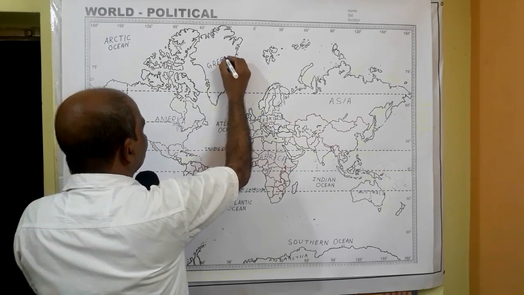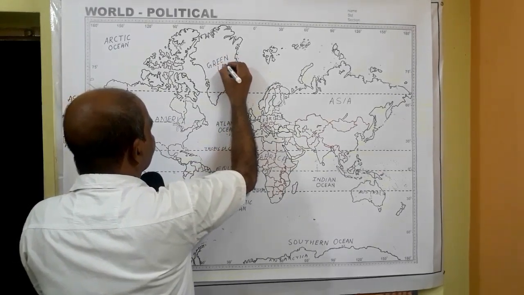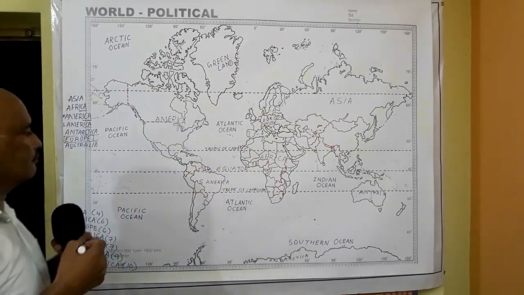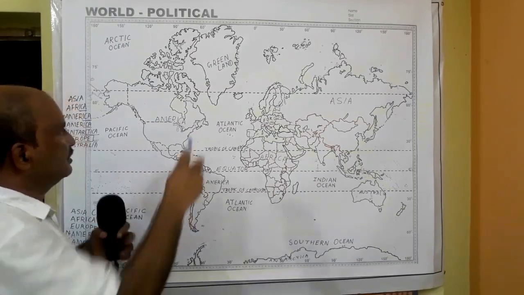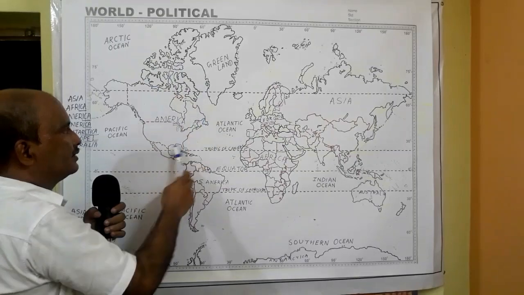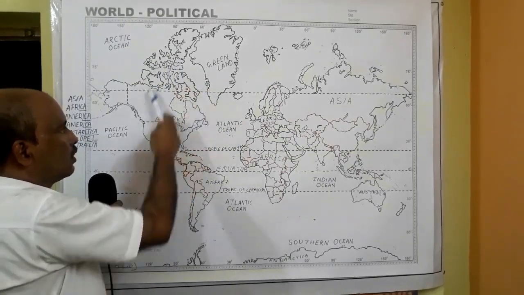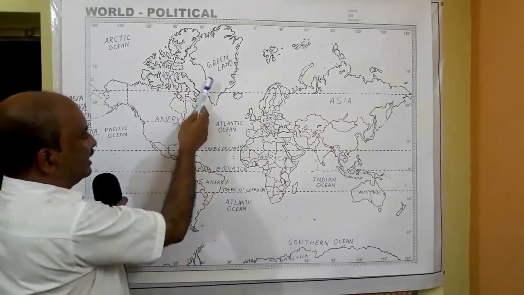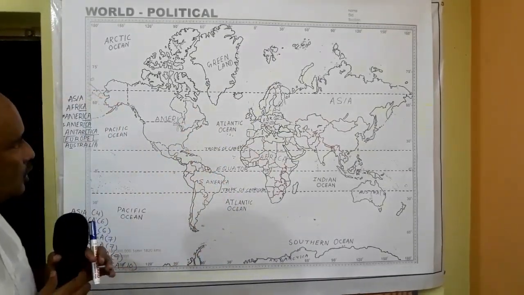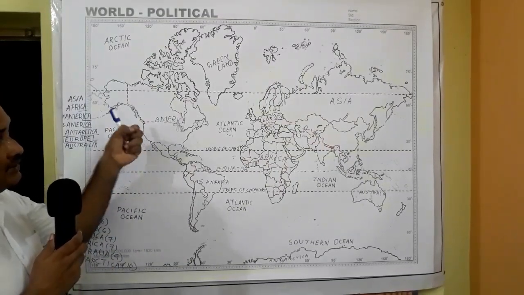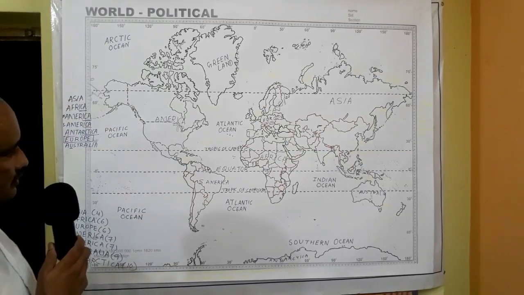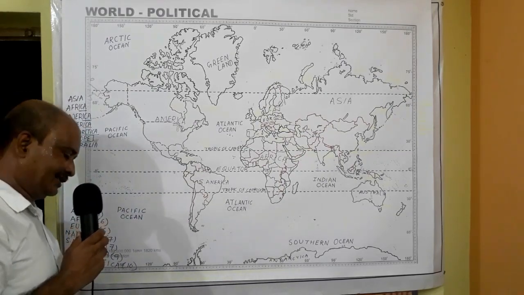If you take Greenland, the island, geographically it is a part of North America, but politically a part of Denmark. So this type of thing is also there. What it appears always may not be correct.